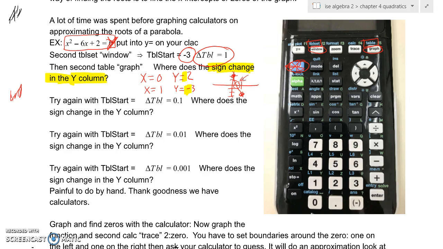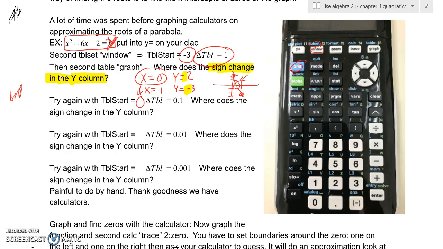We're going to make another table, and we're going to start this time with 0. And instead of going by 1, we're going to get more detailed. We're going to go by 1/10. So, second table set. We are starting at 0 this time.